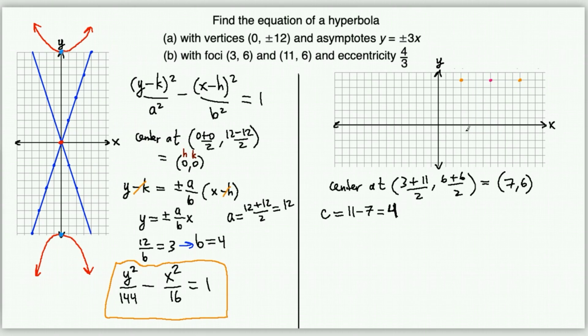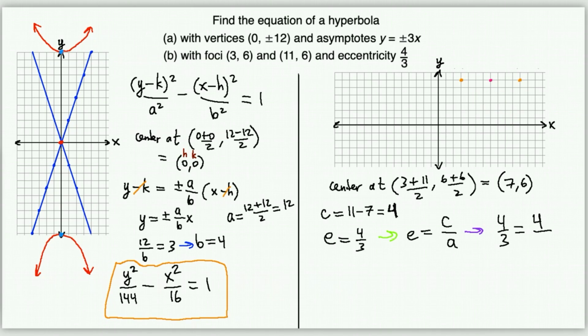So the c value is 4, and what is that going to do for us? That's going to help us solve for a when we use the eccentricity, because we know that the eccentricity is 4/3. And recall that the eccentricity is defined by c over a, right? So what does that tell you? That you can substitute e with 4/3, and set it equal to c over a, and we know that the c value is 4.